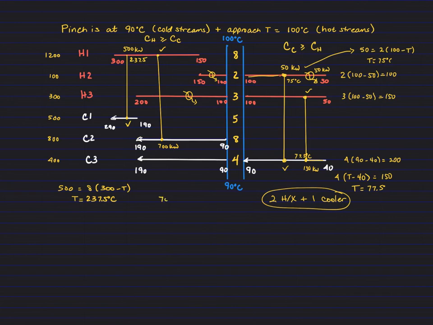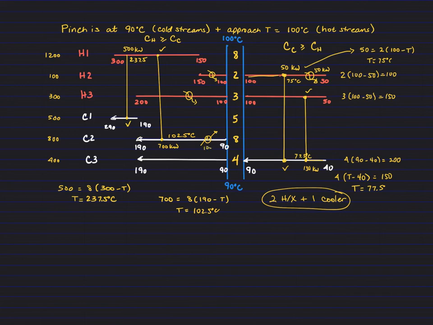So 700 kilowatts is going to be 8 times 190 minus T, which gives 102.5 degrees C. I don't have any other streams that I can pair with this, so I will need to do heating here.